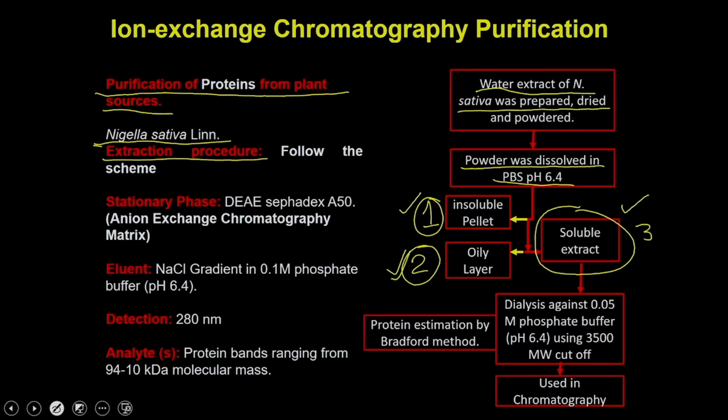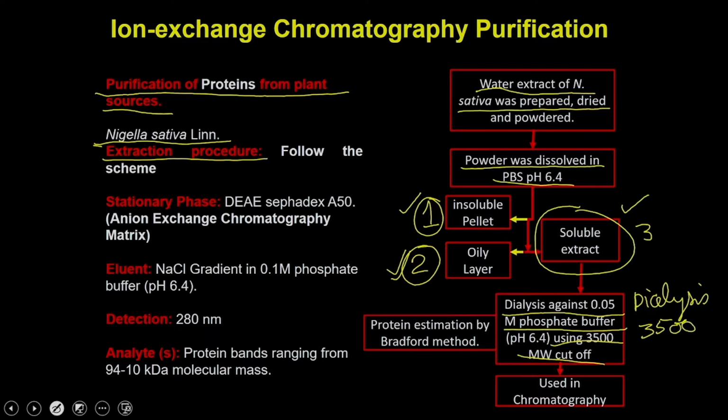This soluble extract can be dialyzed against 50 millimolar phosphate buffer pH 6.4 using a 3500 molecular cutoff dialysis bag. So, the dialysis membrane that you have to use in this case is going to be of 3500 Dalton molecular weight cutoff.